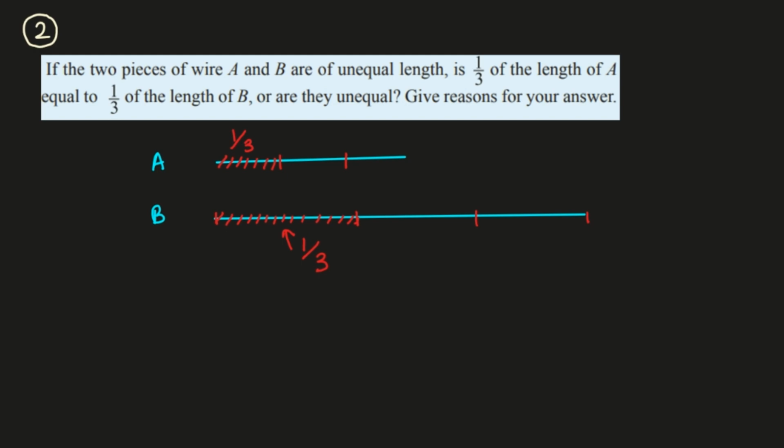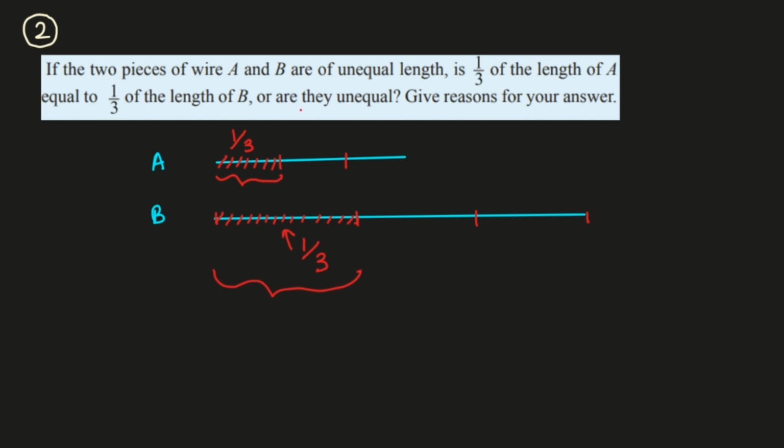When your question is depicted with a small diagram, the answer will be really clear. You can say that one third of wire A is this one, and one third of wire B is this part. So are they equal? No, they are not.